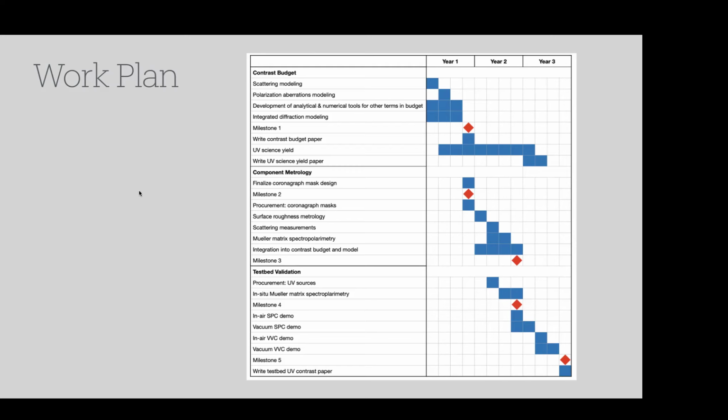But if what comes out of this is that you just can't get to the contrast you want with a reasonable instrument design, then maybe one of the conclusions will be that you just have to do a star shade at UV.